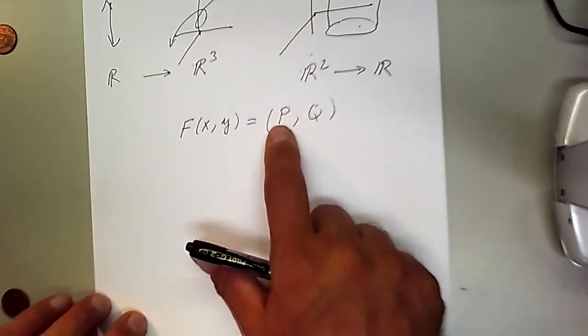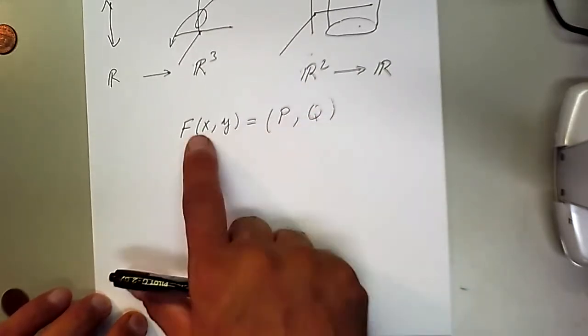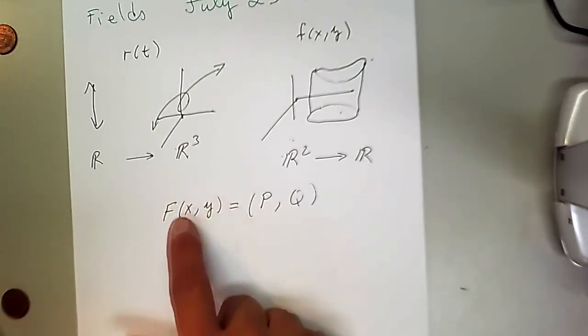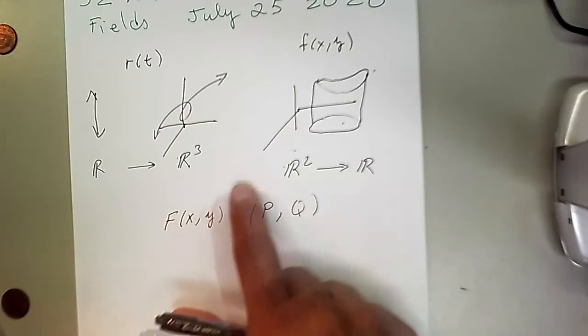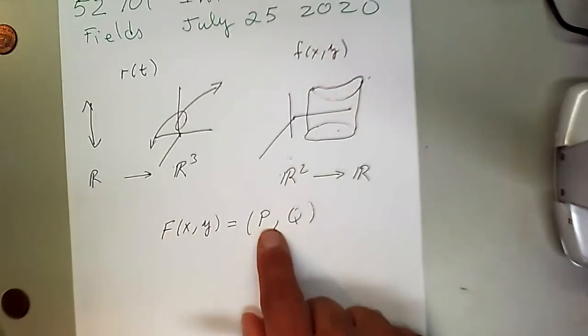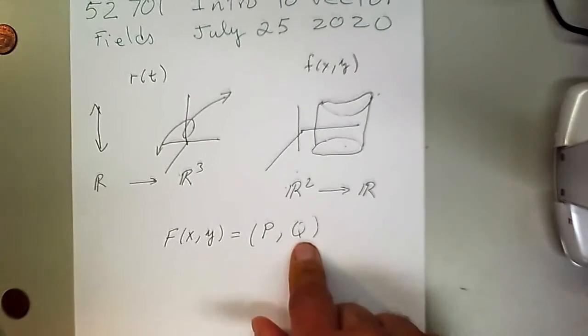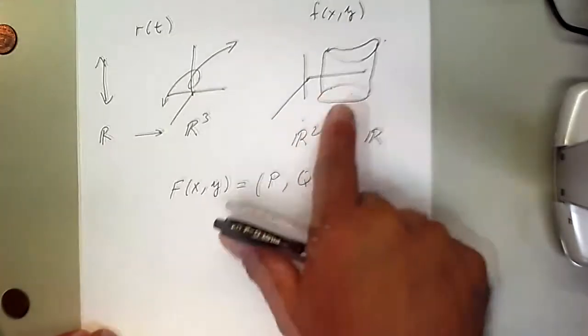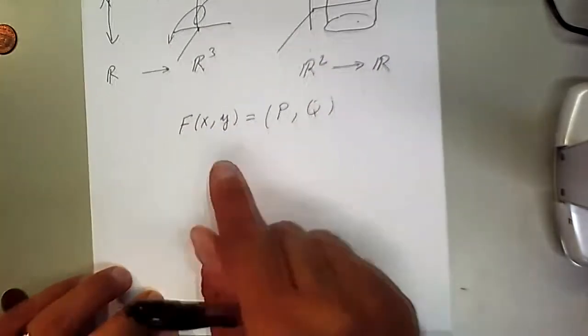And p is a function of x and y, and q is a function of x and y itself. So in a way, this can be seen as 2 of those combined. Pretend you have f1 and f2, so you would have 2 of those. But the picture is different. It's not quite related to that.